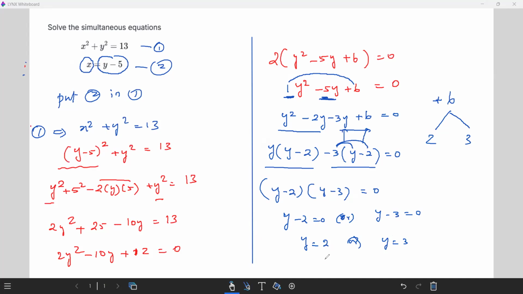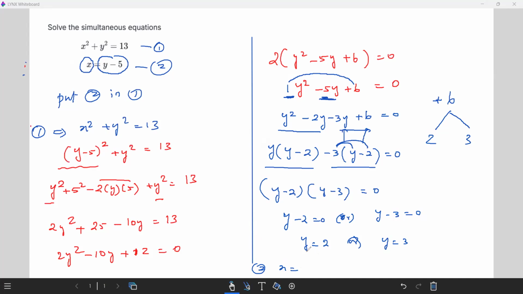So there are two y's. Now we're supposed to find out what x is. To find x, look at equation number 2, which says x equals y minus 5.